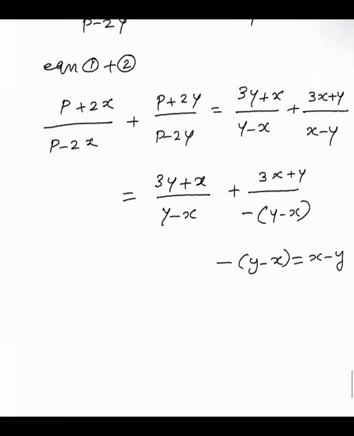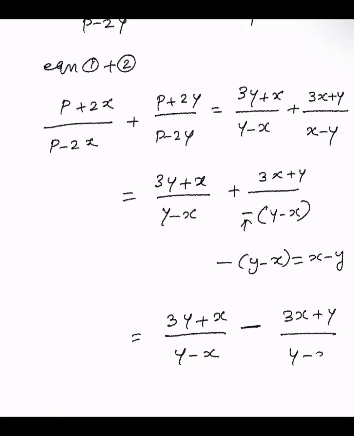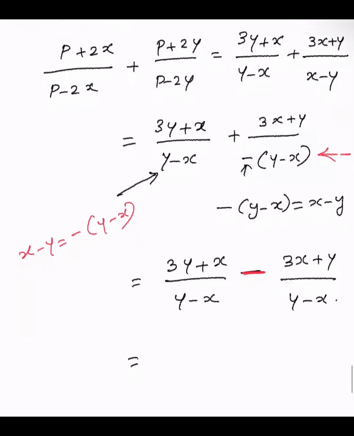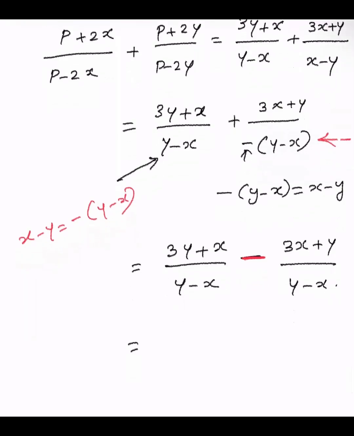Here, I can rewrite this as 3y plus x divided by y minus x, minus, I am bringing the negative to the center, 3x plus y by y minus x. Either the denominator or the numerator is negative, means the entire term will become negative. Okay, so now both the denominators are y minus x. When both the denominators are same, I can just freely perform the numerator addition or subtraction.